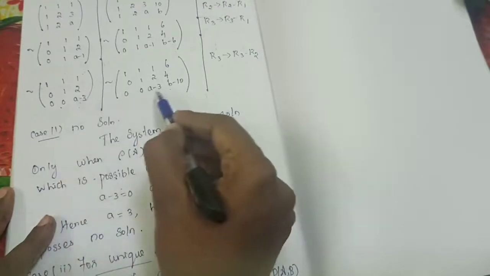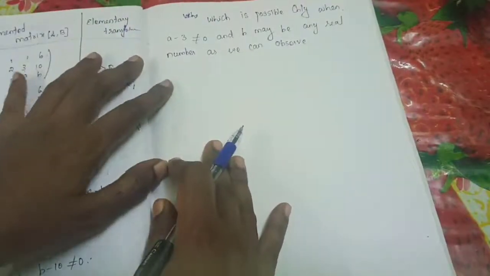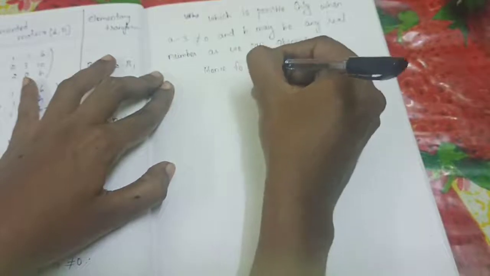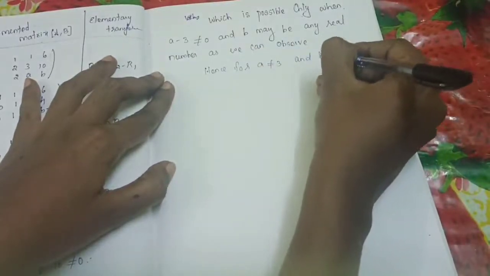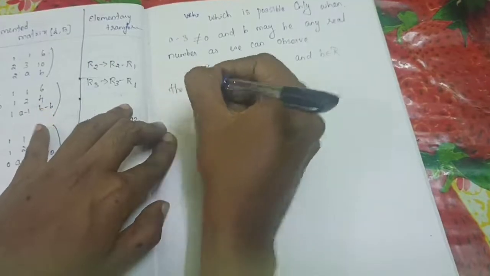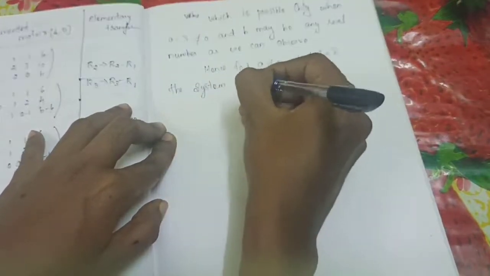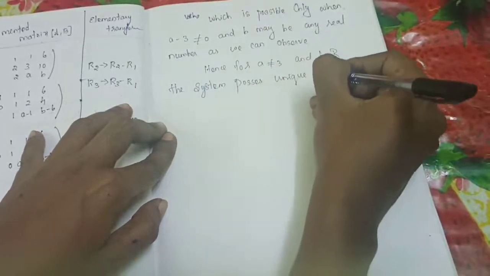If a minus 3 is not equal to 0, then here also it will be not equal to 0, so definitely you will get rank of A equal to rank of [A, B], both equal to 3. So hence, for a not equal to 3 and b belonging to any real number, the system possesses a unique solution. Okay, have you got it?